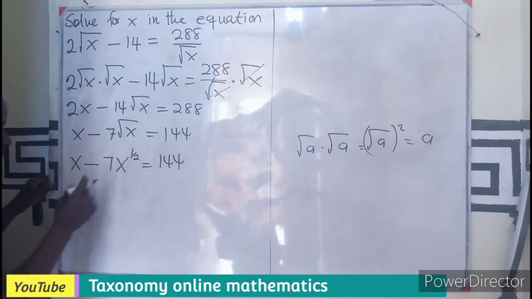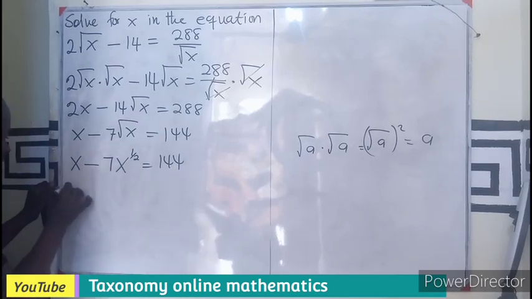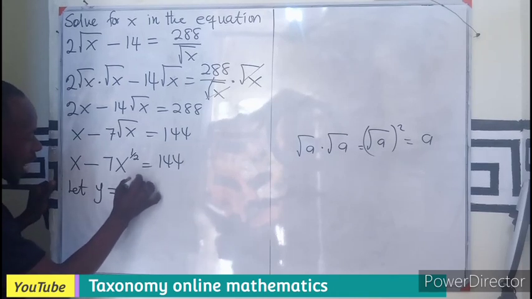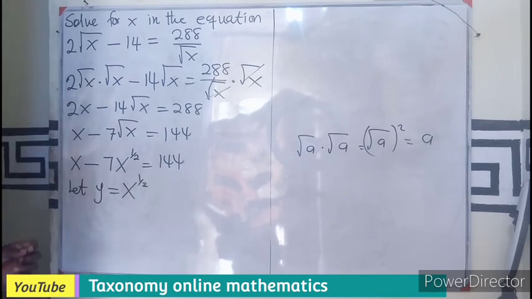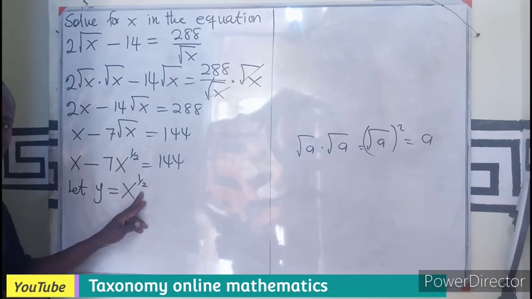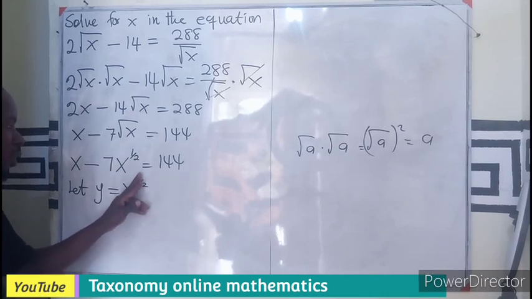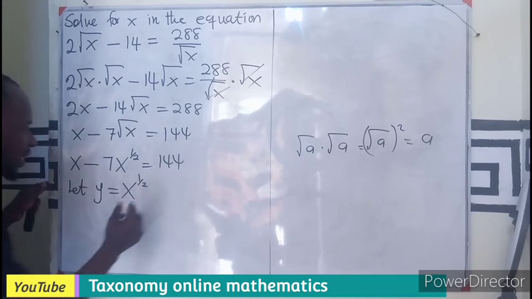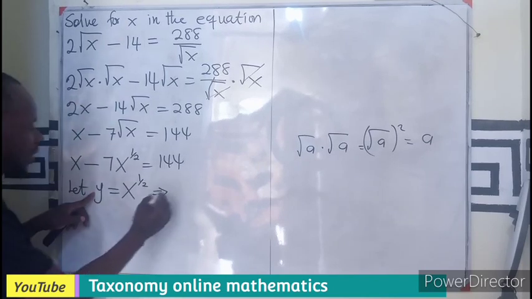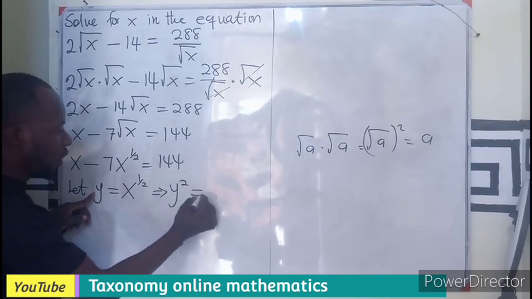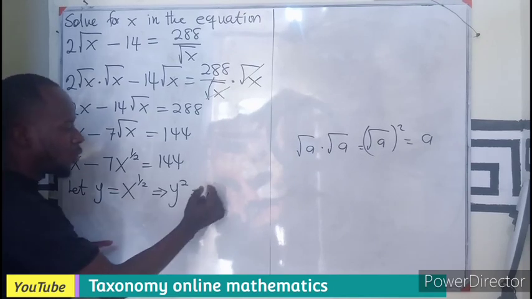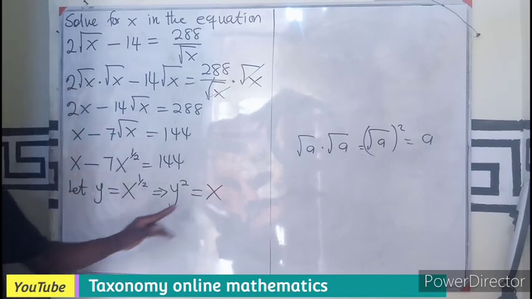Let's say we let y equals x to the power half. If that is the case, we square both sides, so y squared will be equal to x to the power half, squared, which makes the power cancel to give you x.